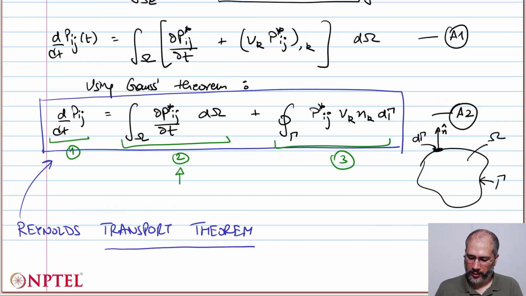And the second term here denotes a local rate of change of P star. So this basically denotes the amount of P which is created inside the volume. And finally, quantity 3, which is an integral over the bounding surface of the volume. So this denotes the amount of the quantity which is entering from the boundaries of the volume. And remember, these are rate terms, so we're talking about these things happening per unit time.